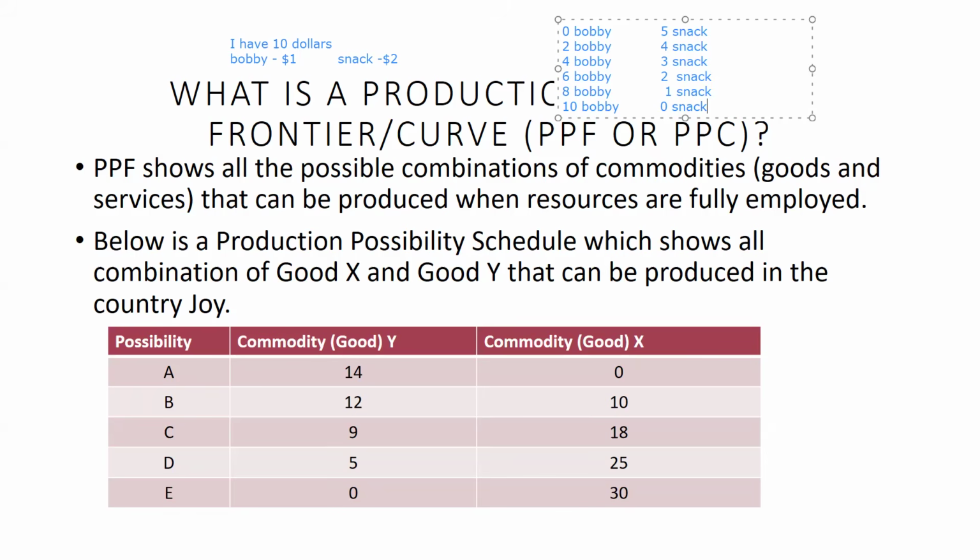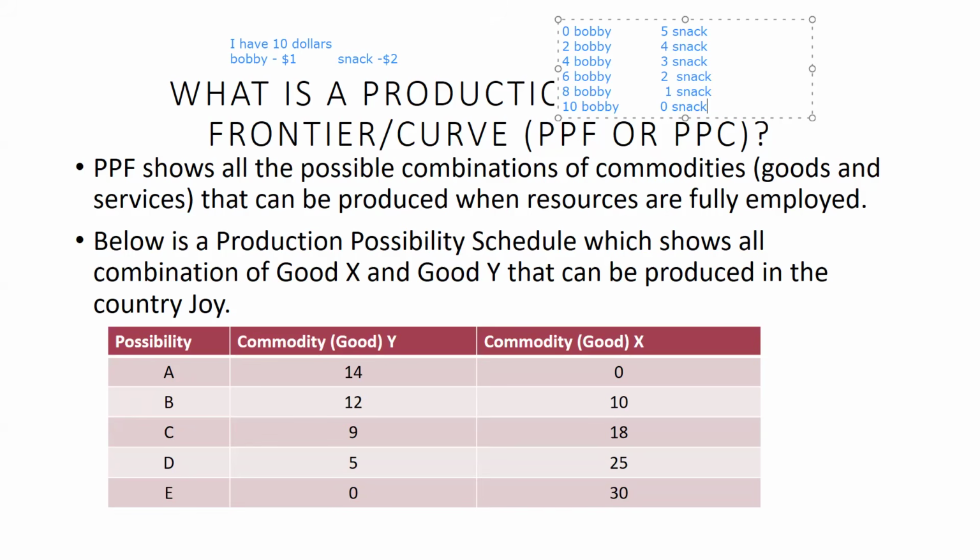For choice, you'll have to choose a combination because you can't have every combination, right? If it's 5 snacks and 0 bobbies, or 3 snacks and 4 bobbies, or 8 bobbies and 1 snack, you'll have to make a choice. And let's say we had 5 snacks and 0 bobbies, and we want to move to 4 snacks and 2 bobbies.